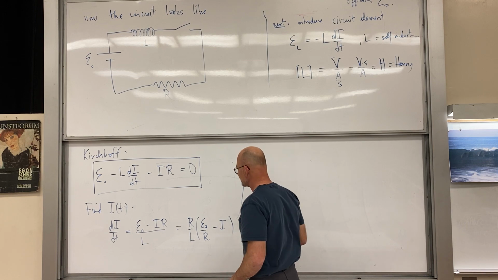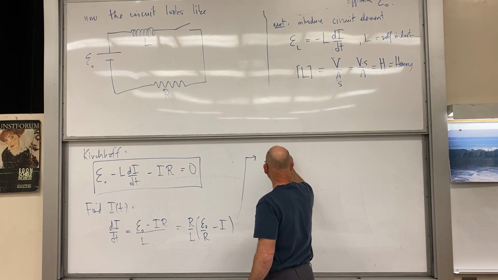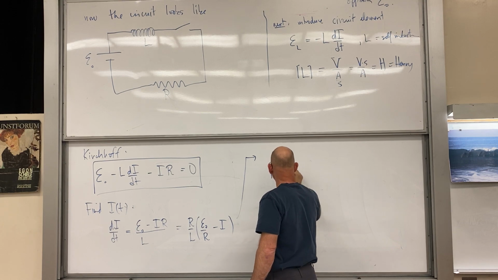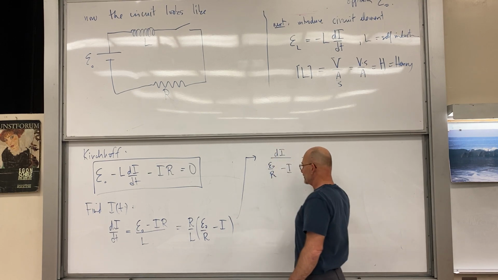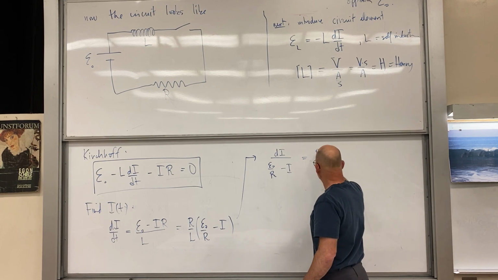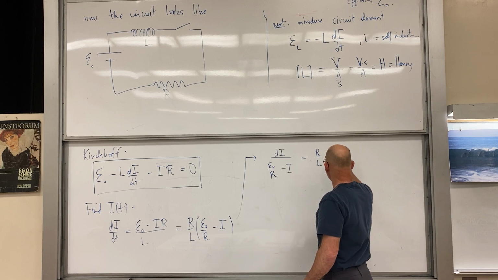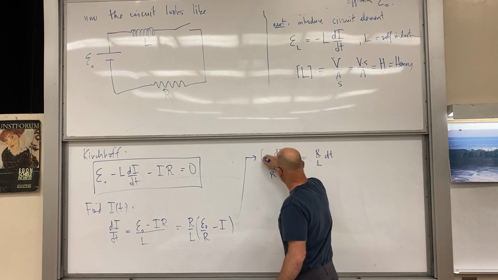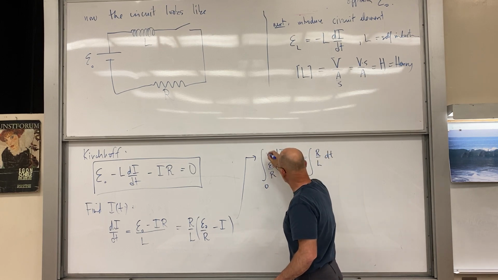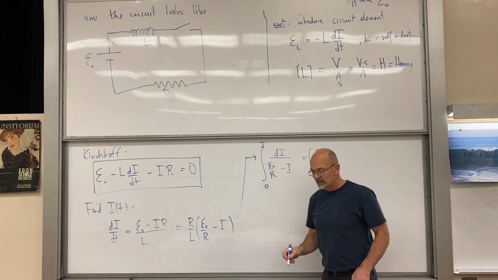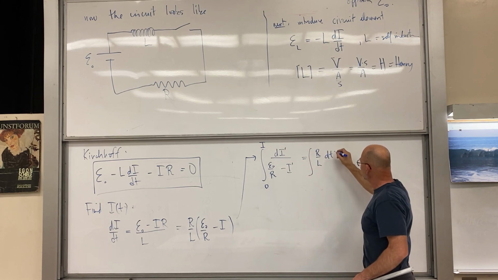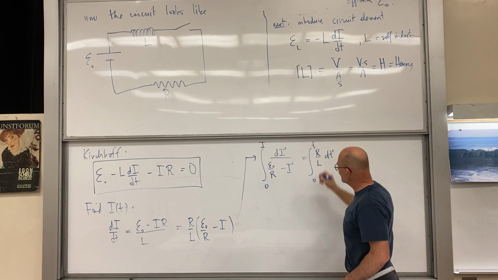Okay, so separation of variables: di over (E0 over R minus I) is equal to R over L dt. Integrate, and the current starts at 0 and is going to end up at whatever value of I it has. So this is an integration variable, di prime, dt prime, from 0 to t.